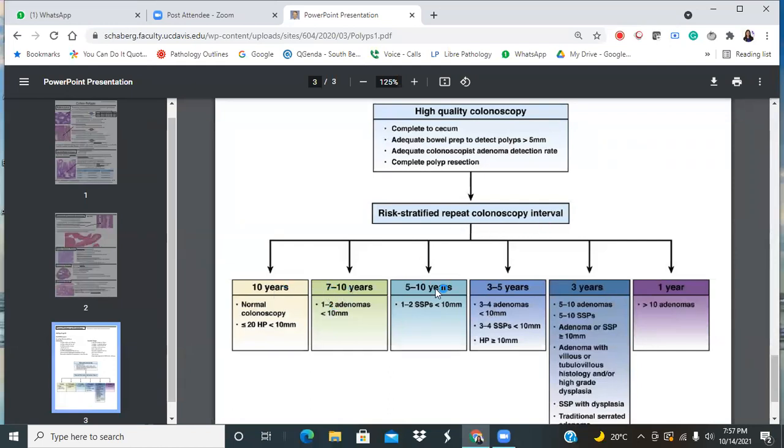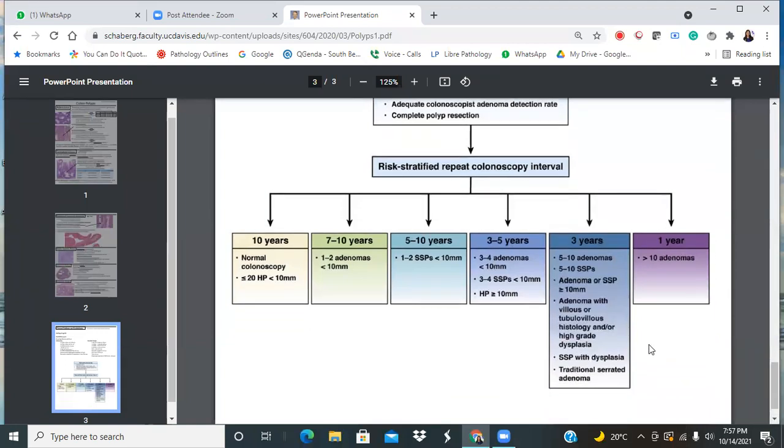So 10 years, 7 to 10 years, 5 to 10 years, 3 to 5, 3 and 1. So 1 year if more than 10 adenomas. 3 years for 5 to 10 adenomas, 5 to 10 SSPs, adenomas or SSPs of more than 1 centimeter, adenomas with villous or tubulovillous histology, high-grade dysplasia, SSP with dysplasia, and TSA.